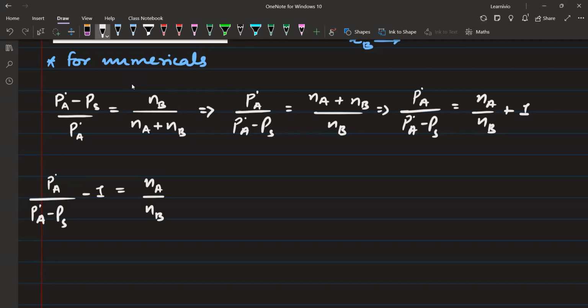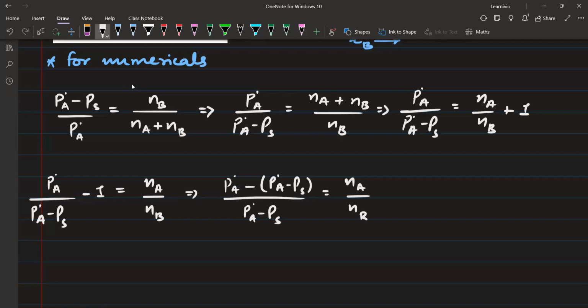Now, if I take the LCM, this P naught A minus Ps will be multiplied by 1. So denominator में पूरा क्या आ जाएगा? We'll have P naught A minus Ps. Here we will have P naught A as it is, minus P naught A minus Ps, which will be equal to number of moles of solvent divided by number of moles of solute. Does this make sense? Yes or no? Please tell me again.